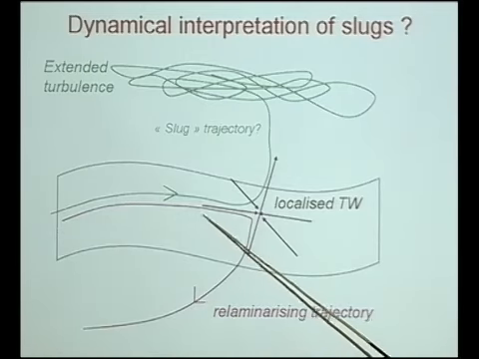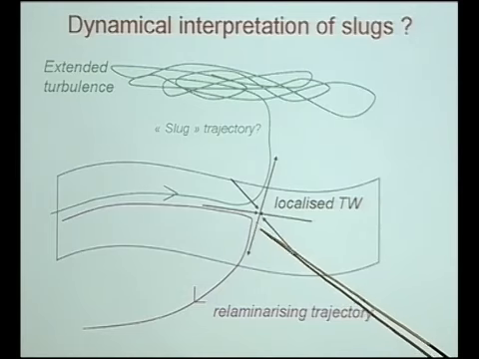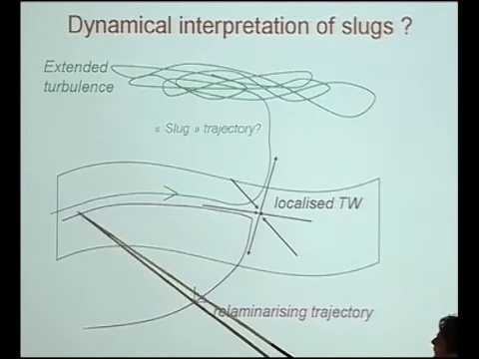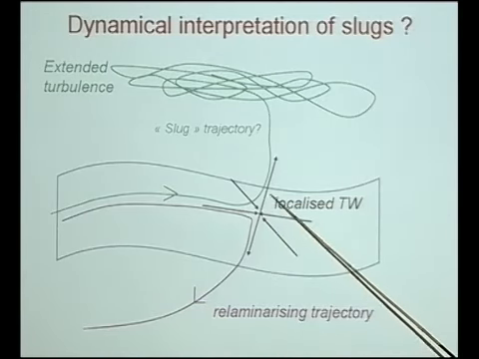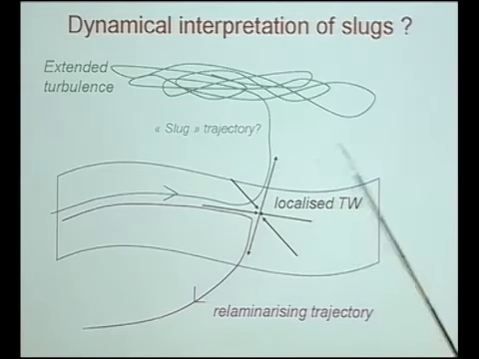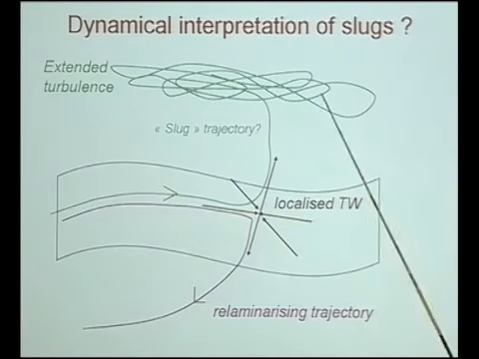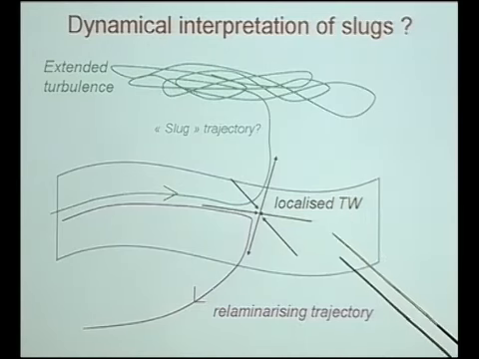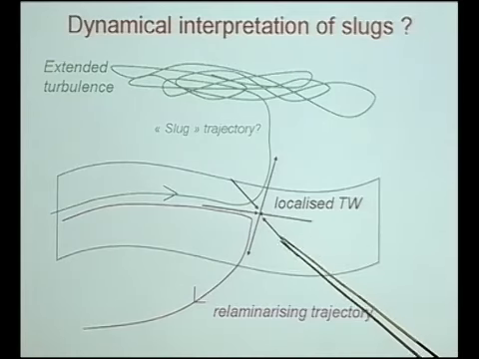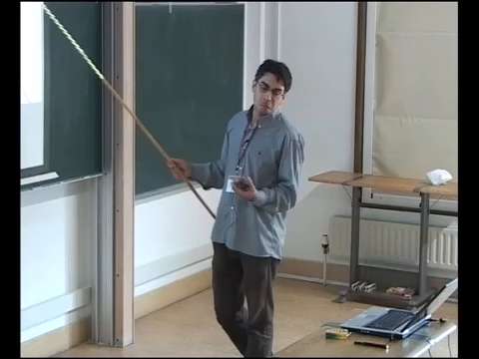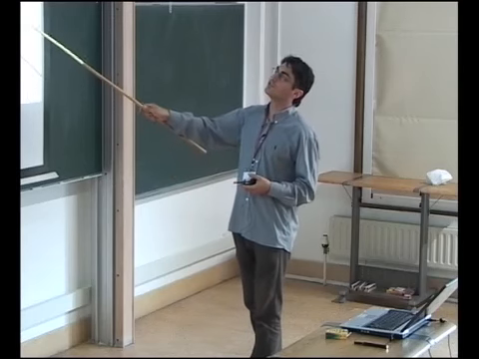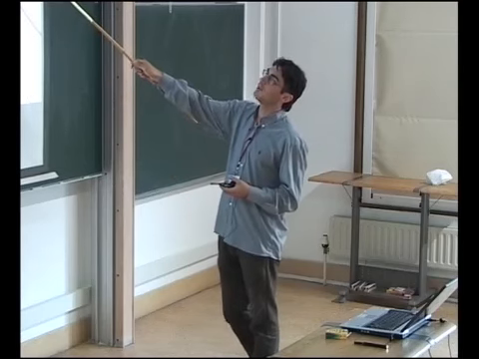And here is, again, a sketch of this laminar turbulent boundary, and a localized traveling wave seems to sit on it. So of course, if you start just below, maybe you will approach this localized pattern and then relaminarize. And if you start from above, then you will approach it, and then suddenly the flow will start to expand, and we will have extended turbulence contaminating the whole domain.